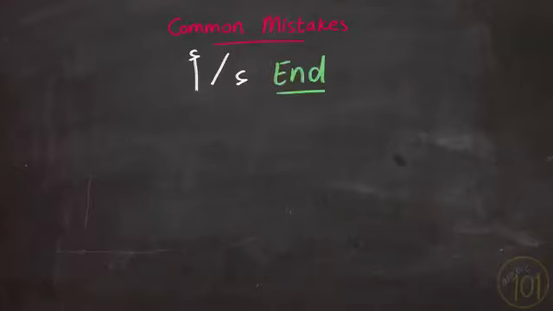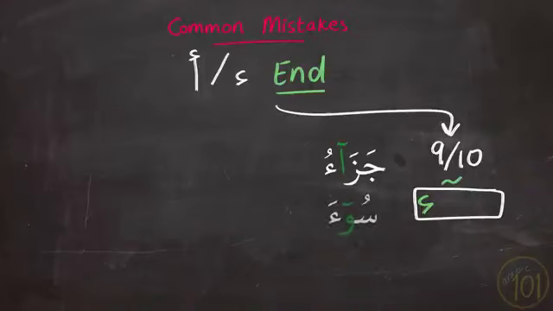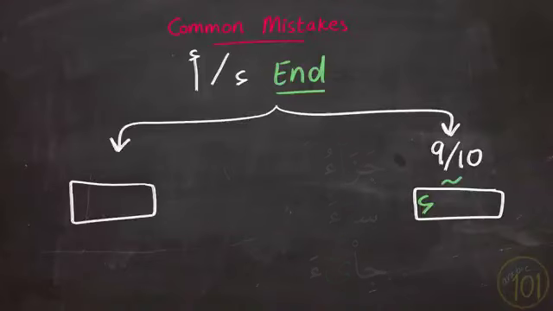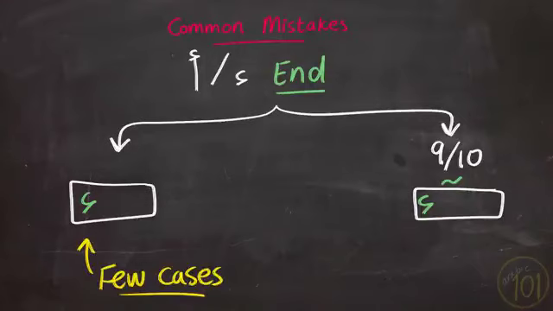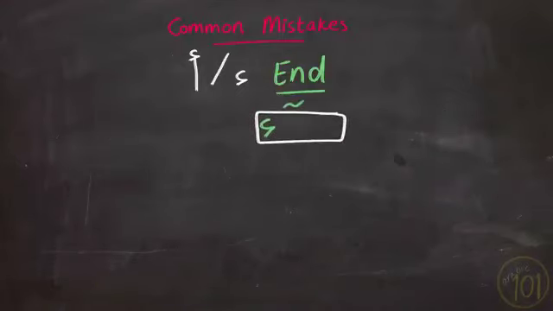Finally, when hamza comes at the end of the word, 9 out of 10 times hamza will come after a mad, whether that will be mad alif, waw, or ya. There are, of course, instances when hamza does not come after a mad at the end of the word, but these are very few cases. So I will focus on the first kind, when hamza comes at the end of the word after a mad.